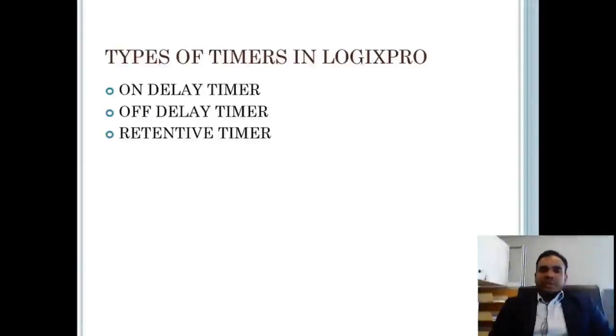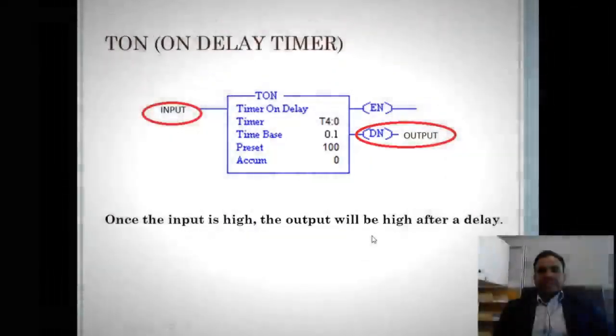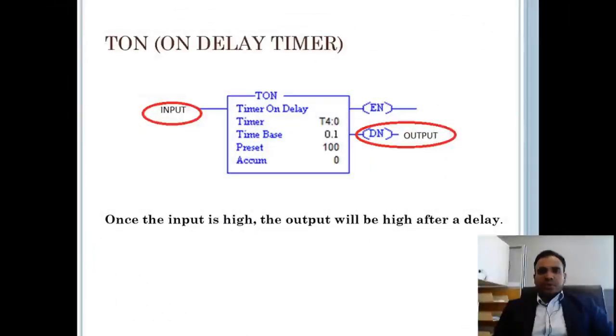In Logix Pro there are 3 types of timers: on delay timer, off delay timer, and retentive timer. First let us see the operation of the on delay timer, or T-on. See the symbol of the on delay timer.